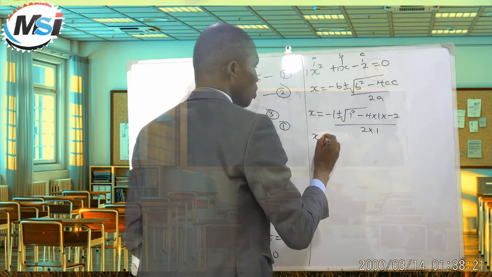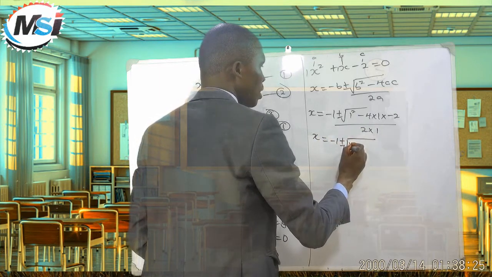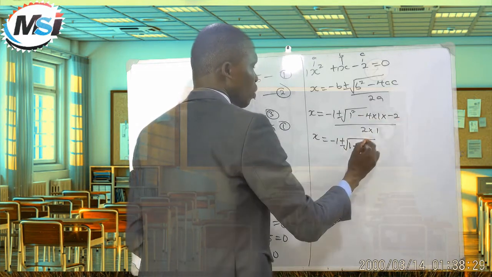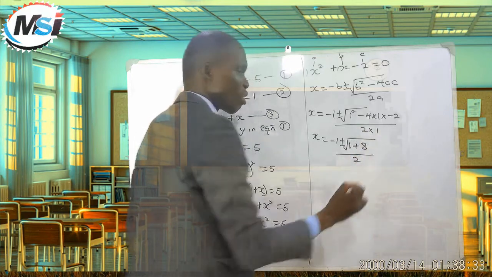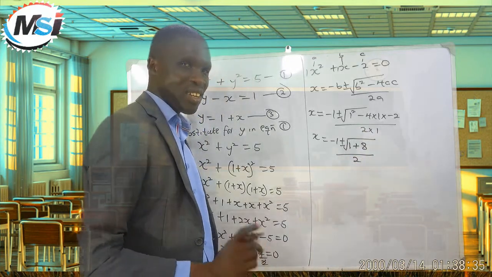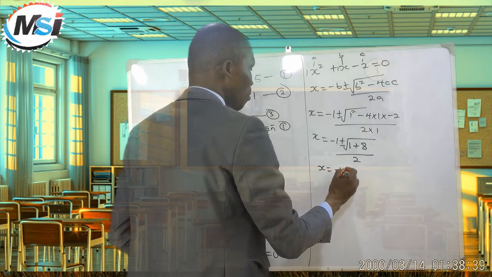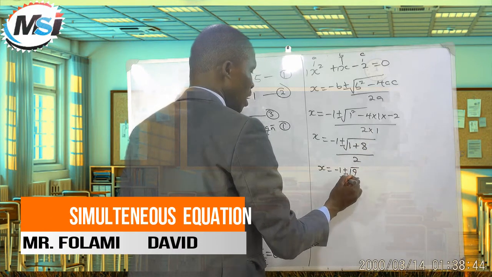So x equals minus 1 plus or minus root of 1, minus times minus will give us plus, 4 times 2 is 8, divided by 2 times 1, which is 2. I believe you understand that, right? You are not confused. Okay, so x equals minus 1 plus or minus root of 1 plus 8, which is 9, divided by 2.